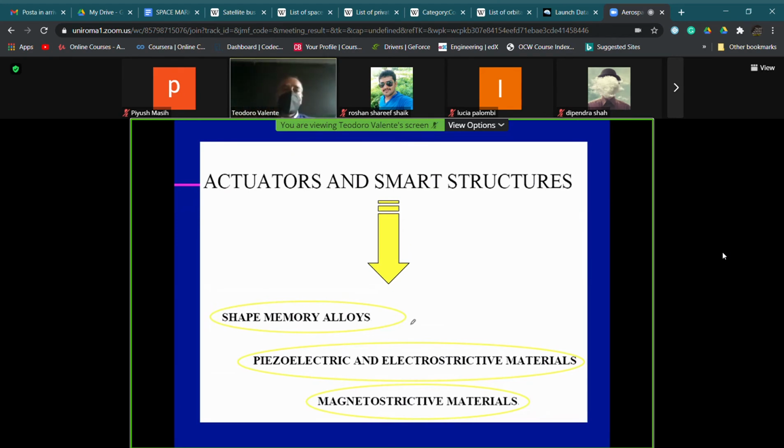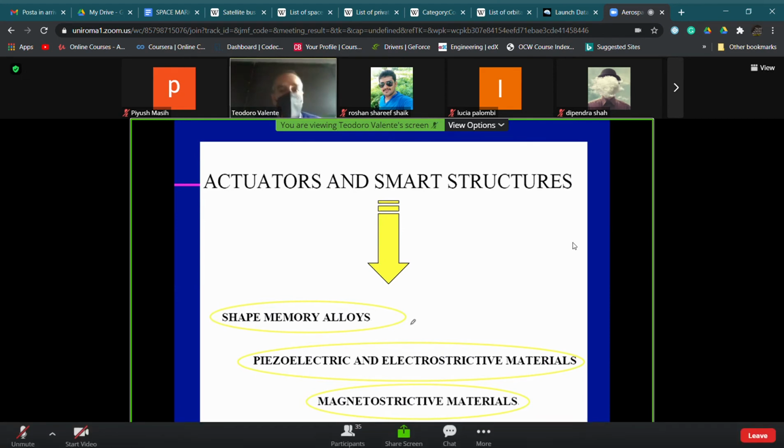Having said that, let me add some interesting things related to another class of materials, which belongs again to the smart material classes.